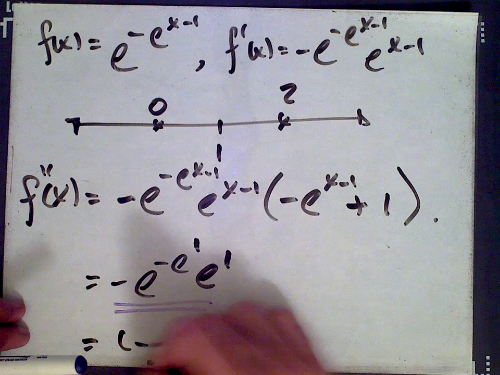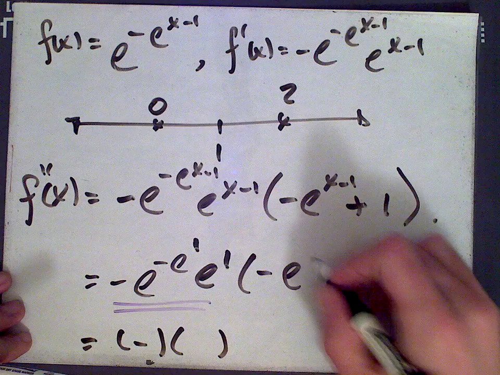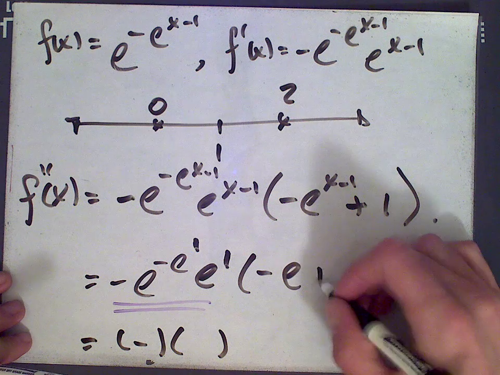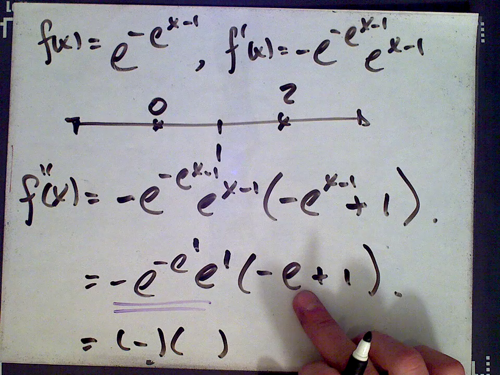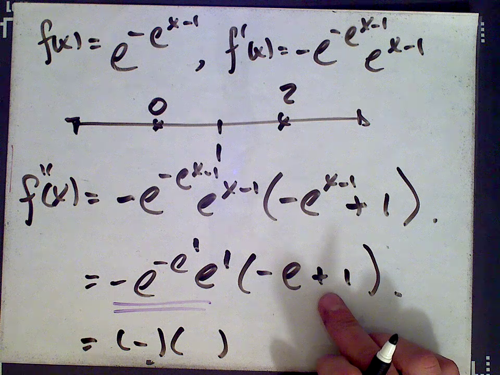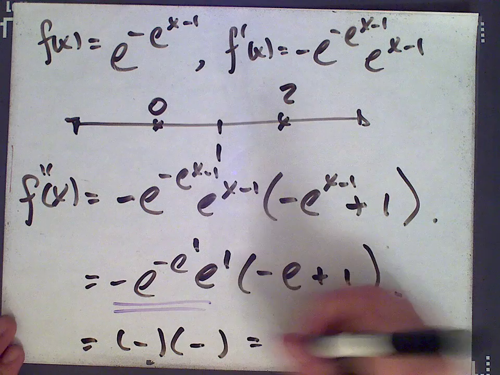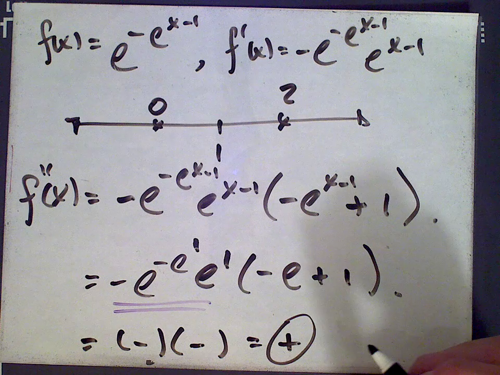And what about the second factor? Well, this is negative e to the 1, so negative e plus 1. Negative e is like negative 2.7, plus 1 is around negative 1.7. That's negative. And we find the second derivative is positive to the right of 1.